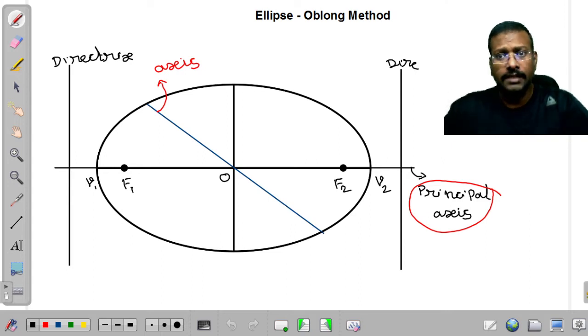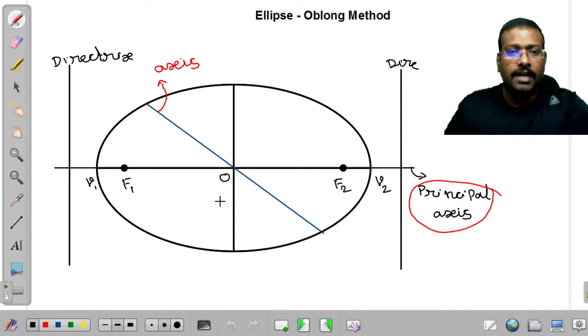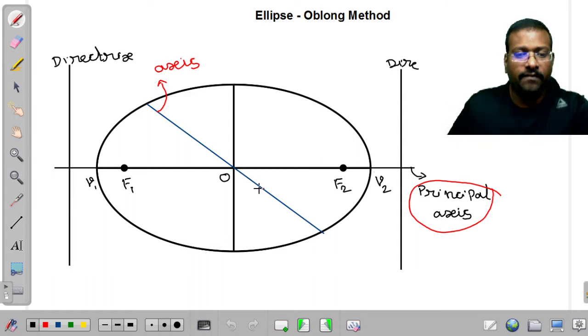The major axis where it meets the ellipse is considered as the vertices, but the minor axis, the least axis, wherever it meets the conic is considered as the co-vertices, CV1 and CV2.